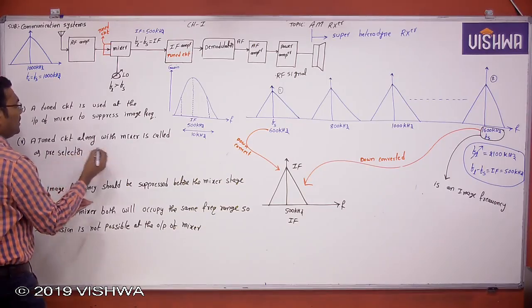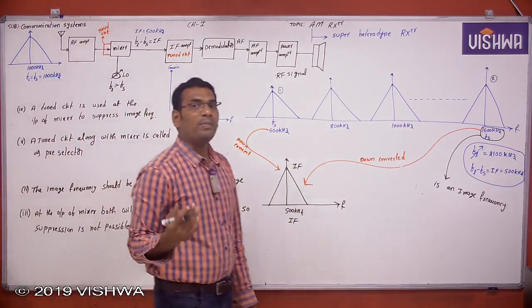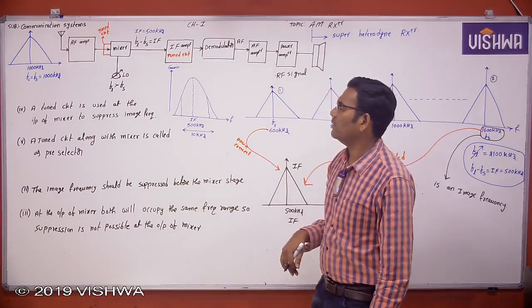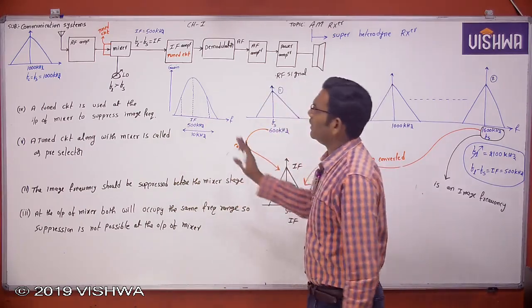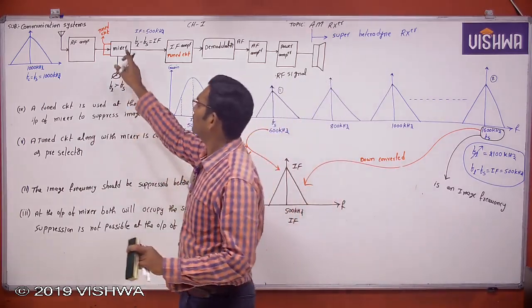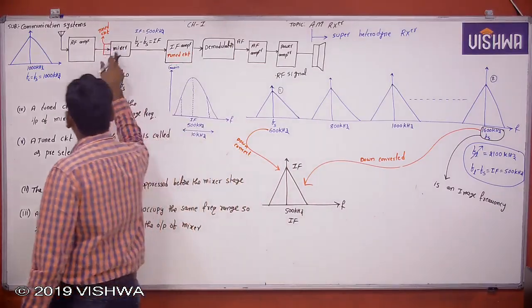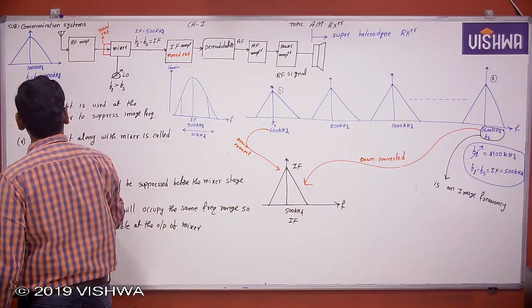Pre-selector means proper care we should take before that cause will be affected. Okay, before that effect, then I want to take care of eliminating that suppression factor. A tuned circuit along with the mixer is called a pre-selector.